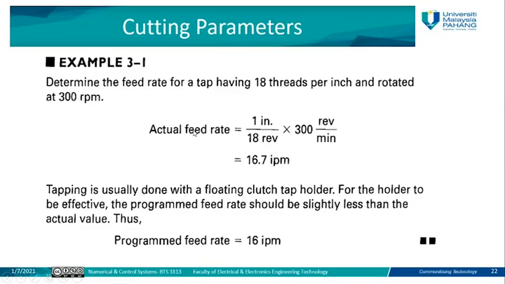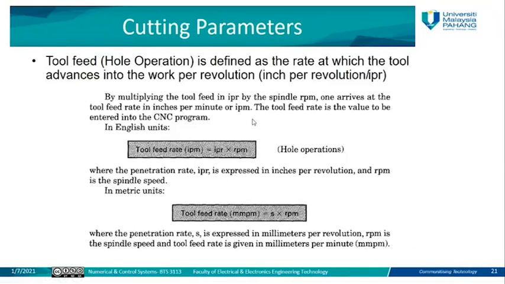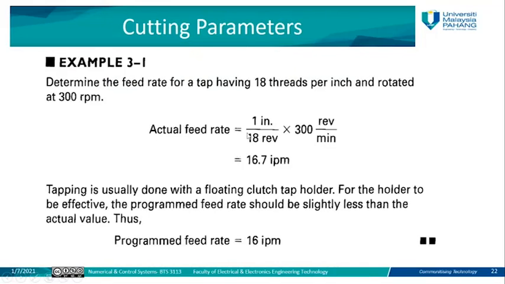The actual feed rate equals 1 over 18, which is the inch per revolution, times RPM, which is revolutions per minute. So 1 inch per 18 revolutions times 300 revolutions per minute gives you the actual feed rate.